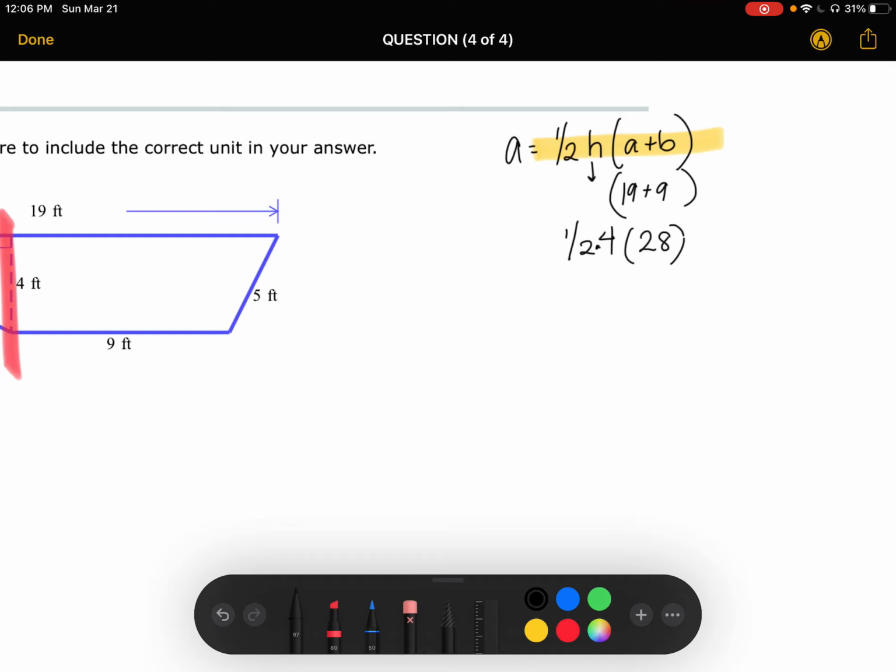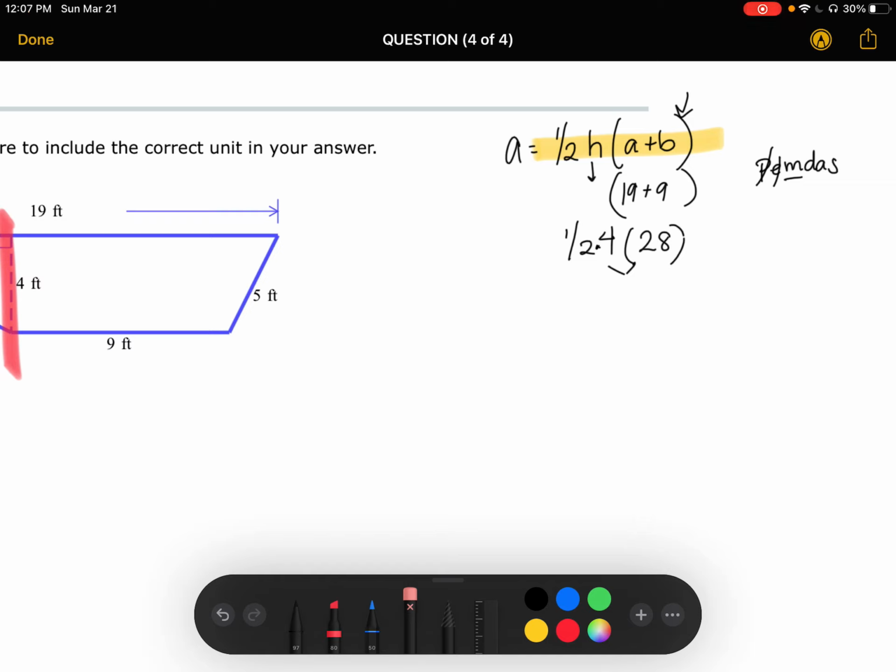So when you do this, remember your PEMDAS, okay? Technically, we've already added what was in the parentheses. So that's done. There's no exponents. And now we're on multiplication. So there's a couple ways you guys can think about this. Technically, when you have 4 times 28, that's multiplication. And a lot of you guys see this half as division. If you're multiplying that fraction, you can just say it's 1/2 times something.